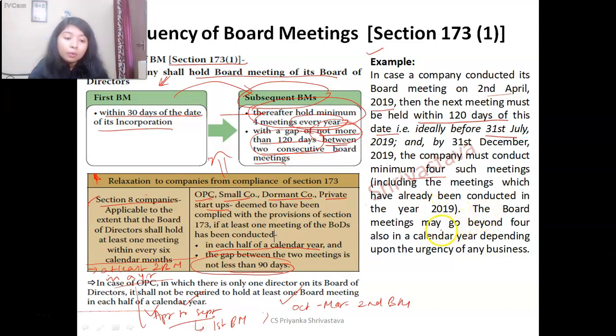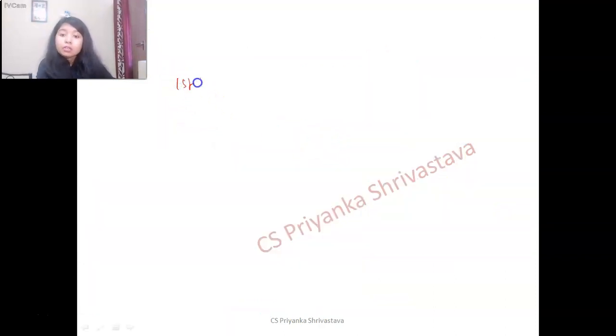The board may go beyond 4 board meetings in a calendar year depending upon the urgency. Now also understand, this year means calendar year. So we are going to consider the year from 1st January to 31st December. Earlier I was telling you in that way because companies generally have a financial year, so we need to follow that.